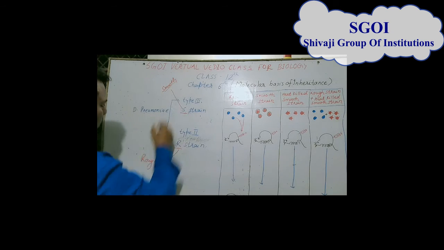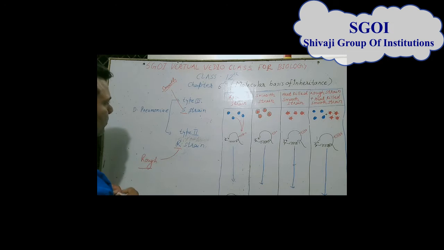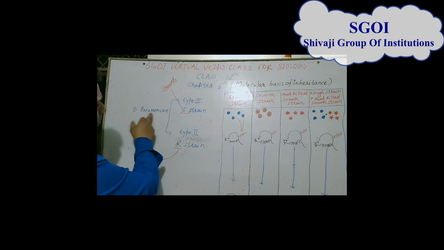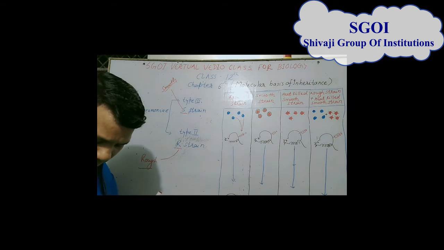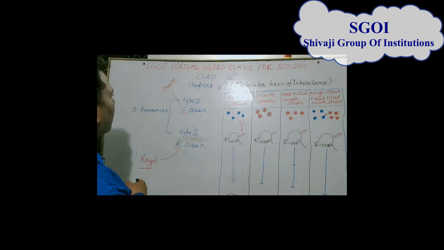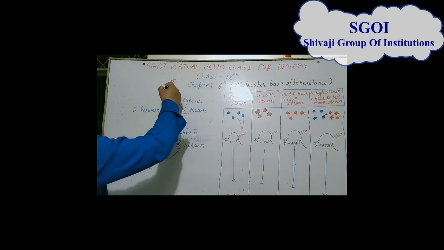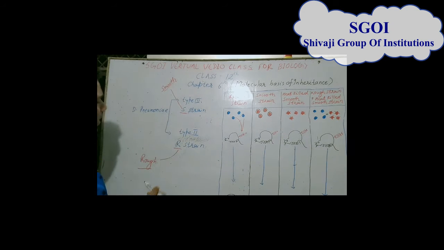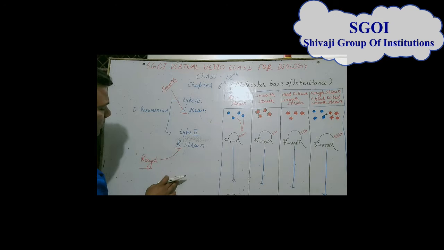Then what is smooth and what is rough? The S strain of Diplococcus pneumoniae is called smooth strain and the R strain is called rough strain.